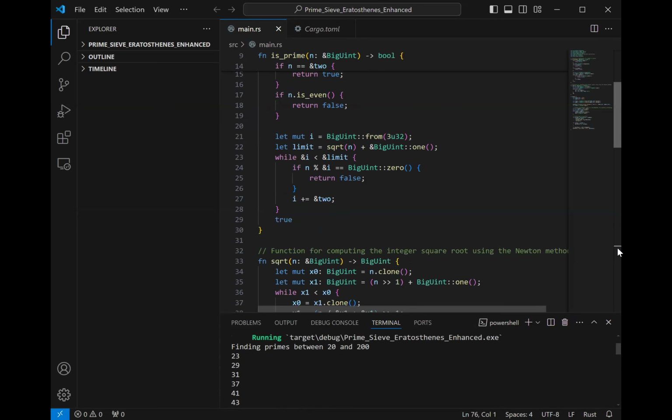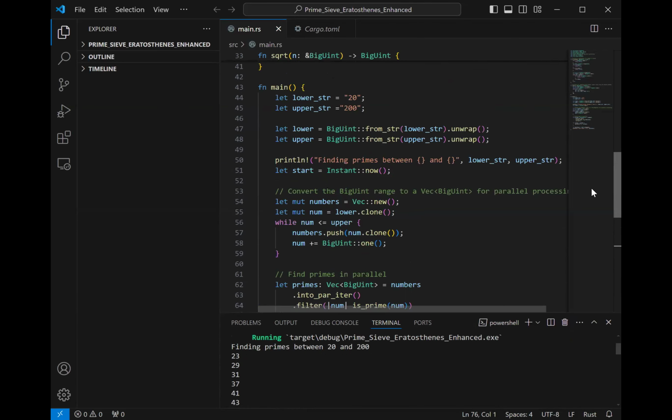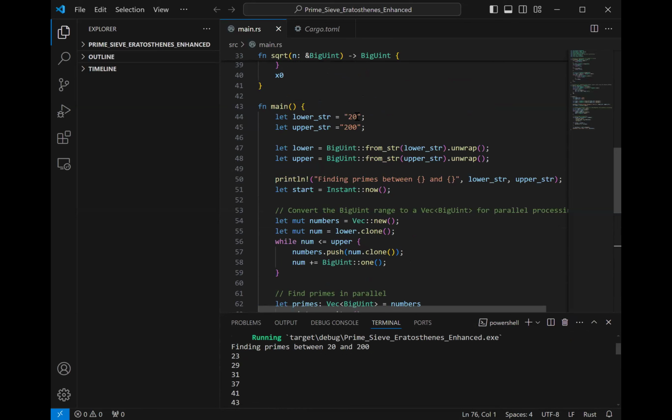My main is down here. I had given it from 20 to 200. Let me give it now from 1 to 20,000, and see what it gives me.